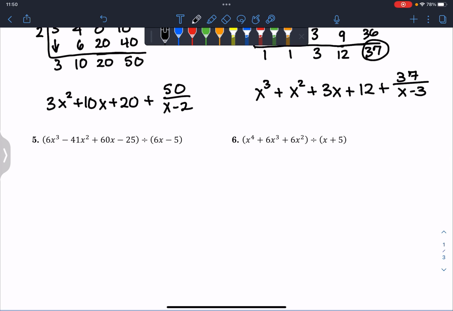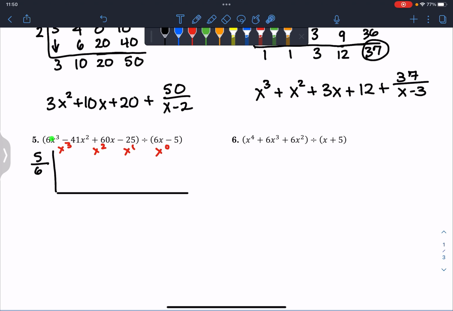Now moving on to example number 5, we'll set this up by writing a positive 5 over 6, and again we have to have every term accounted for. So since we start with x to the 3rd, we need a space for x to the 2nd, x to the 1st, and x to the 0 power.